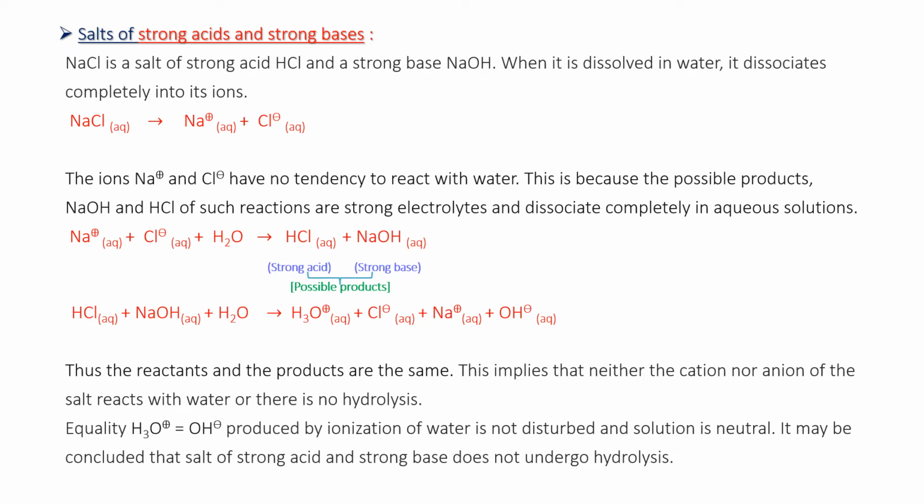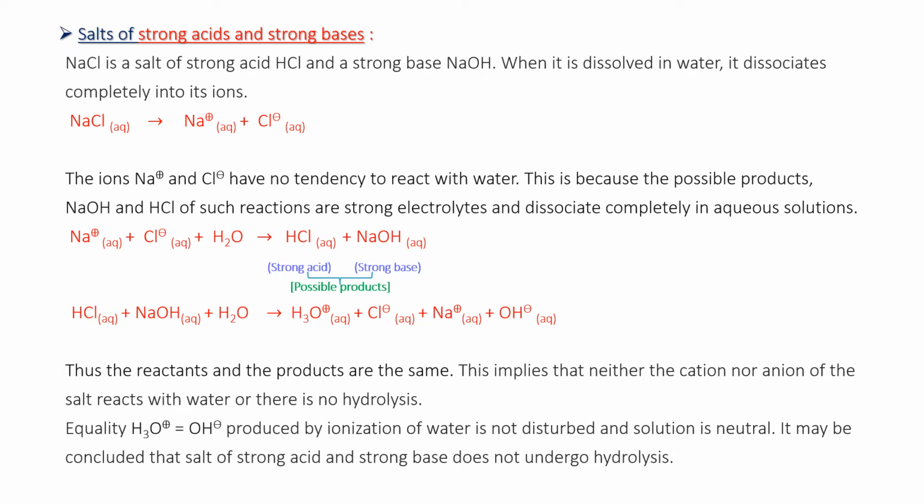But NaOH and HCl are strong electrolytes, so they once again dissociate into their ions. That's why Na plus and Cl minus ions do not interact with the hydronium ion or OH minus ion of the water molecule, and so they maintain electrical neutrality.